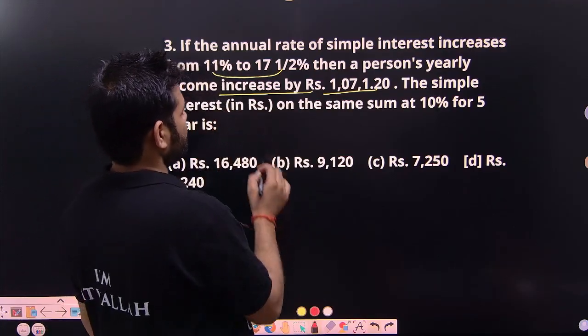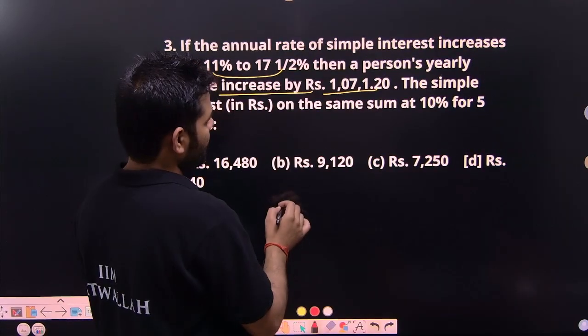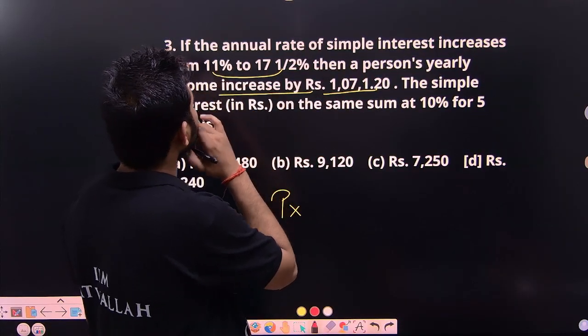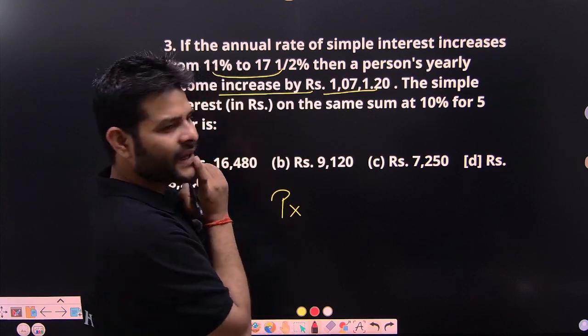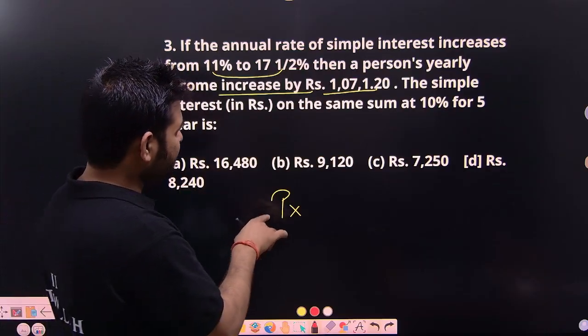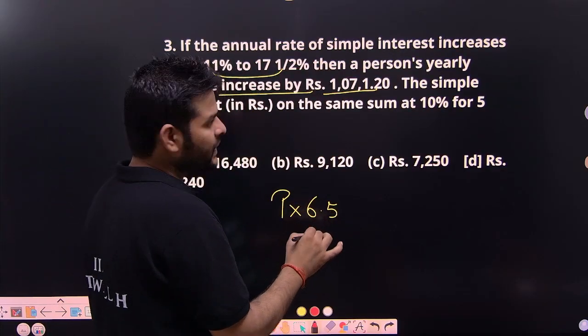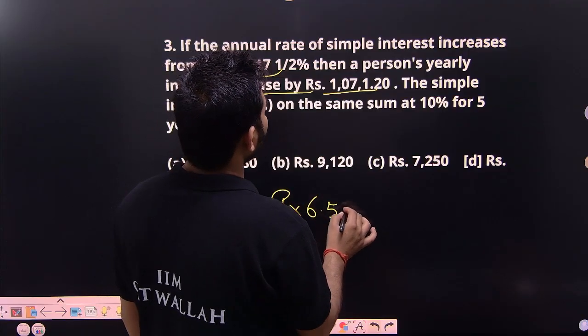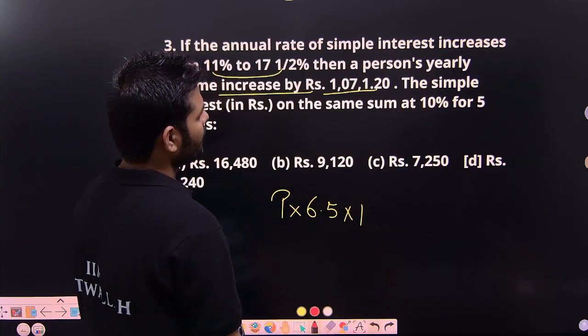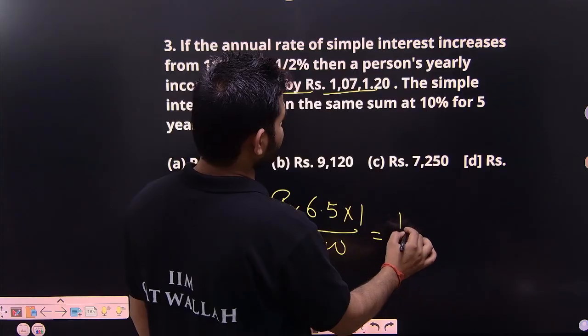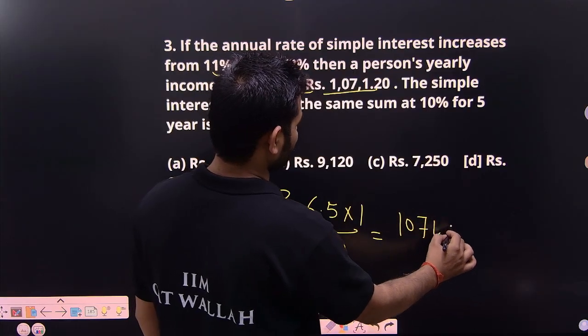So on principal, the rate 6 whole 1 by 2, that is 6.5, for 1 year, the increase is 107.2.